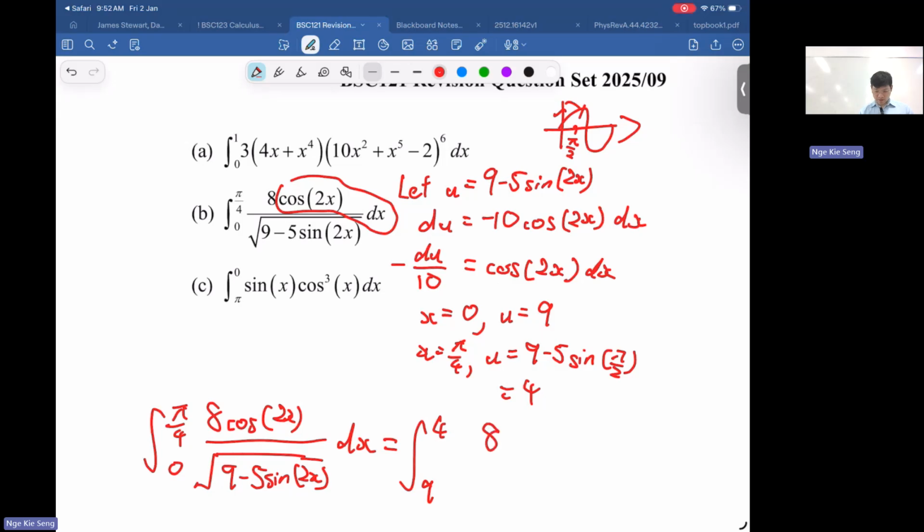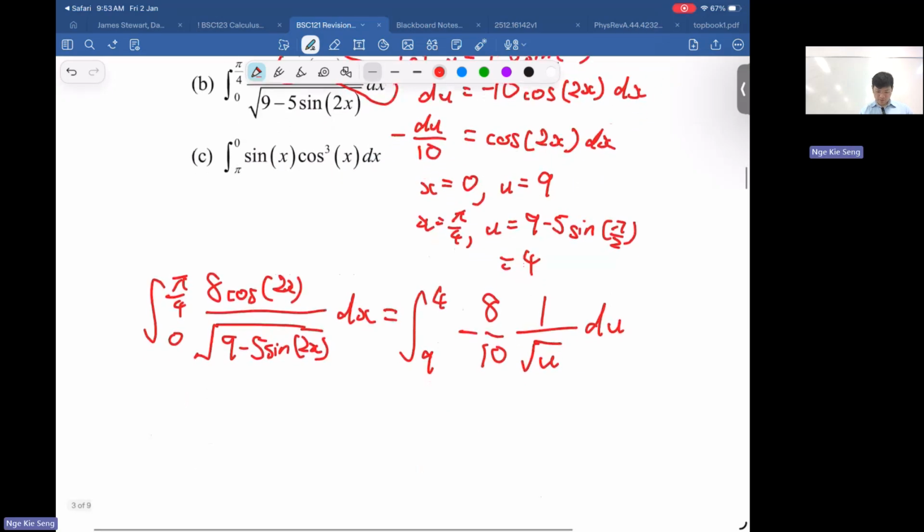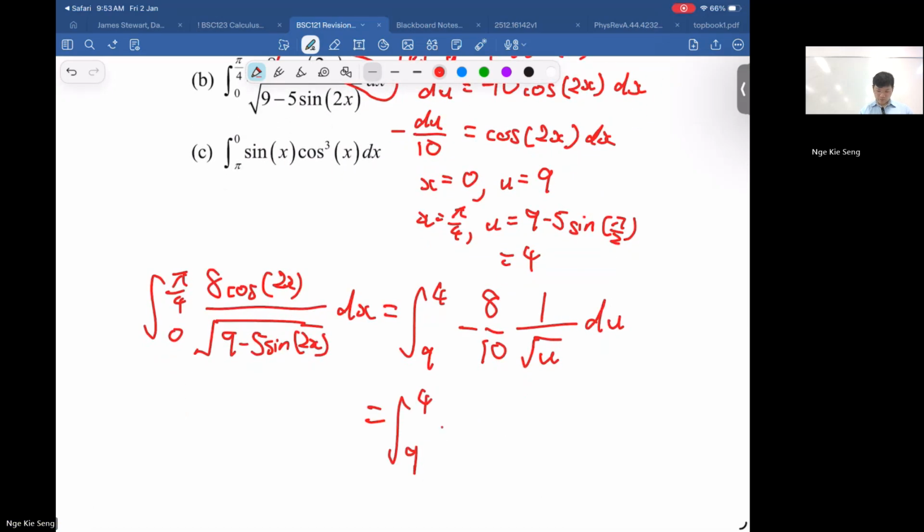So we still keep this 8, but we divide by minus 10, 1 over square root u. So let's get the constant out. Minus 4 over 5, u to the minus half du.